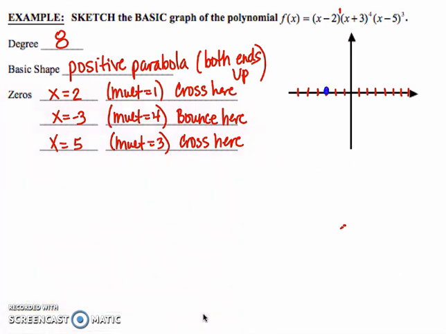I've got a 0 at negative 3, I've got a 0 at positive 2, and I've got a 0 at positive 5. And I know based on my end behavior that the left side and the right side have to both go up, right?